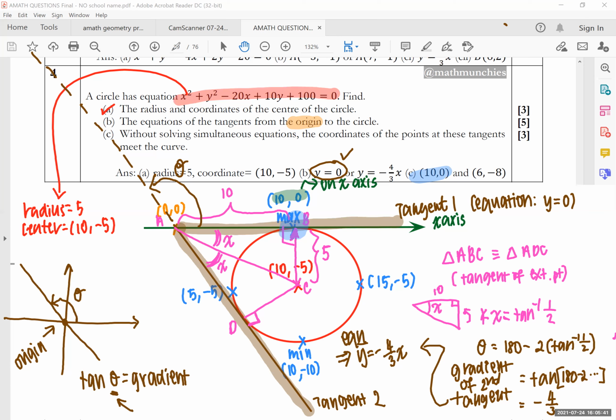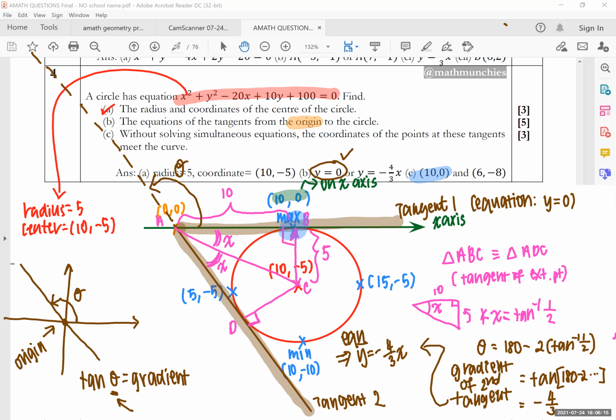Use the radius formula. Radius formula? What do you mean by radius formula? Because the radius is like... use the gradient. Gradient? What about the gradient? Like the radius is 90 degrees, so the gradient is 3/4.